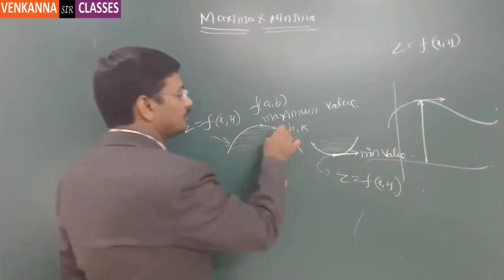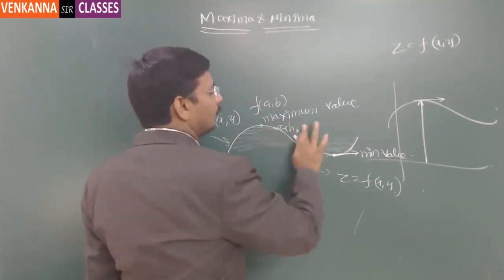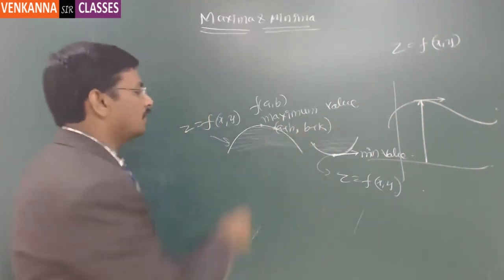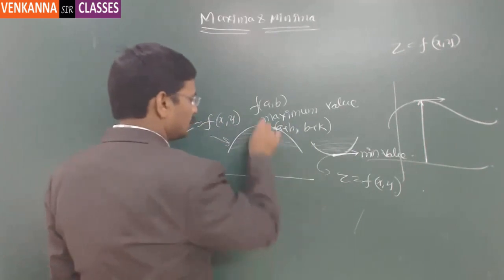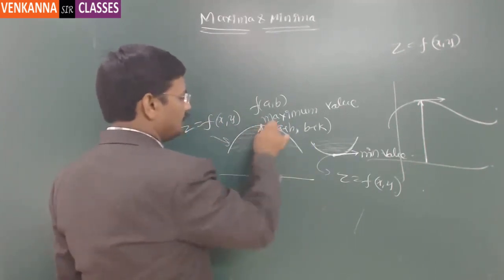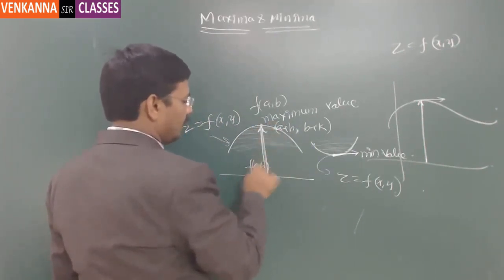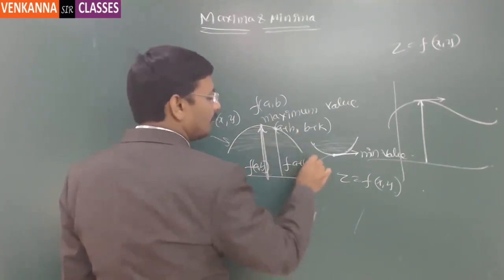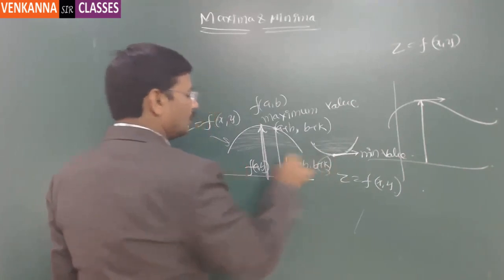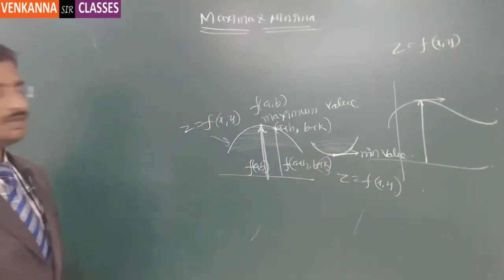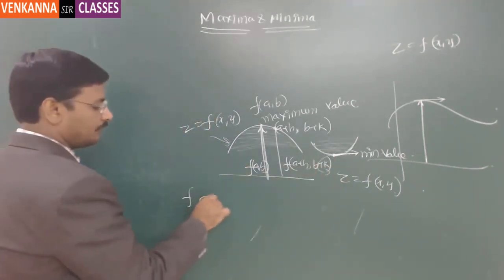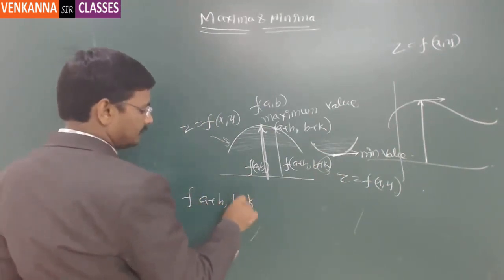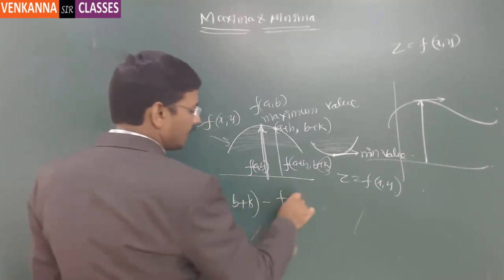That means this position is a plus h comma b plus k. Now if you take the function values, this one is f of a comma b, and this one is f of a plus h comma b plus k. Take the difference, f of a plus h comma b plus k minus f of a comma b.